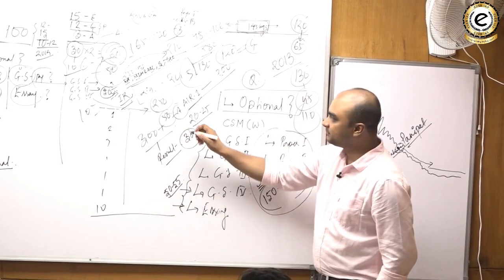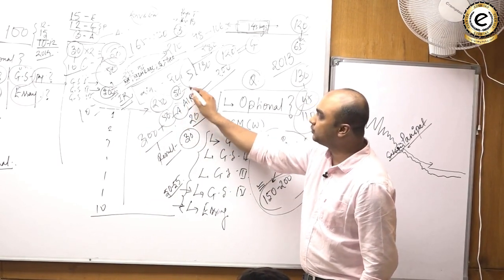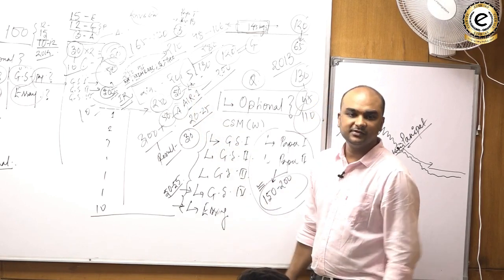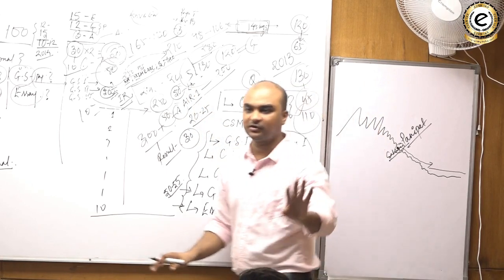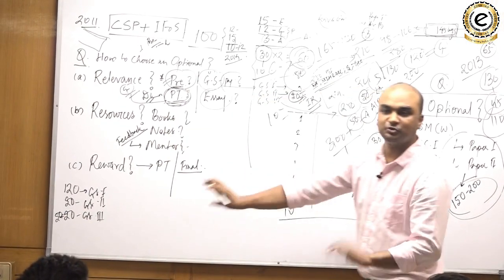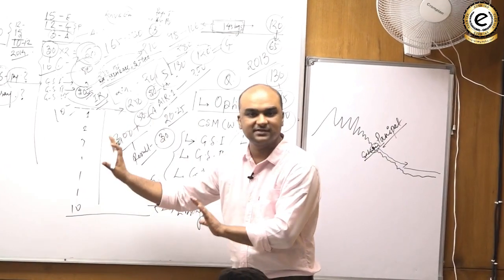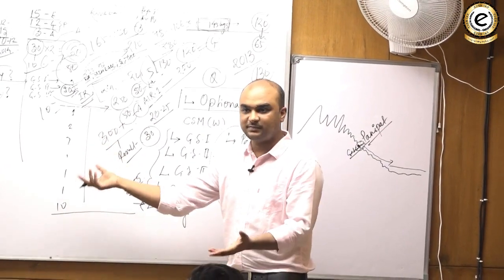Also in GS paper 3, there is a near weightage of 50 marks to environment and ecology, which is again a part of geography. So you can just add 50 marks in this too, where no other optional has such relevance with respect to the GS papers.